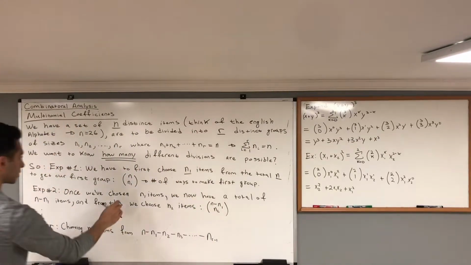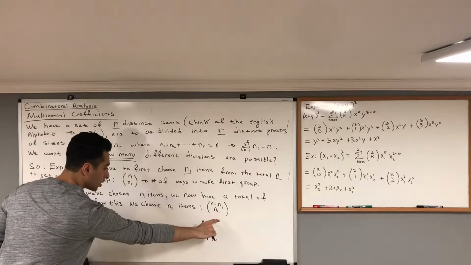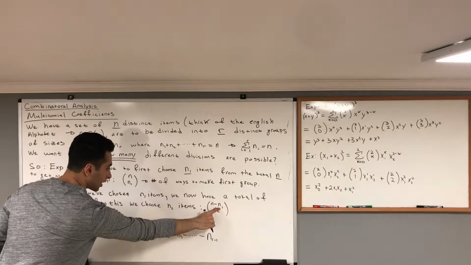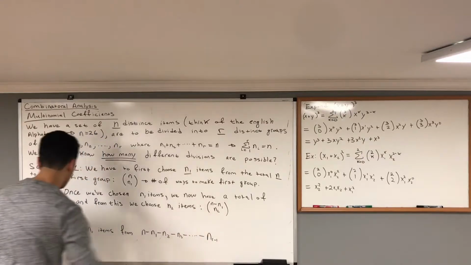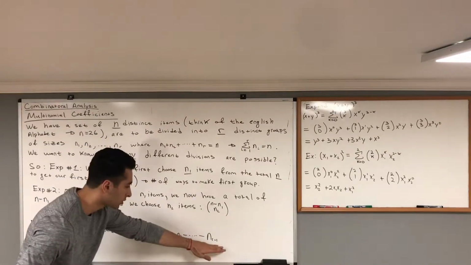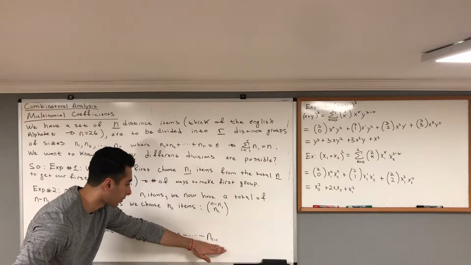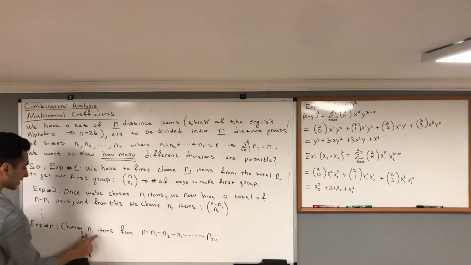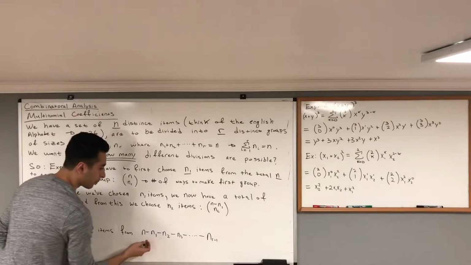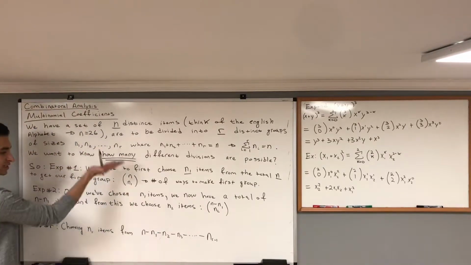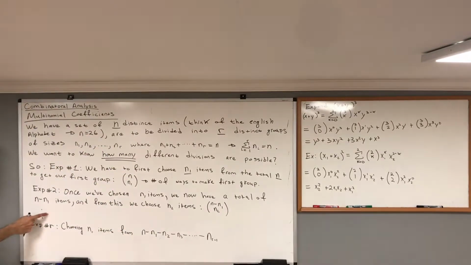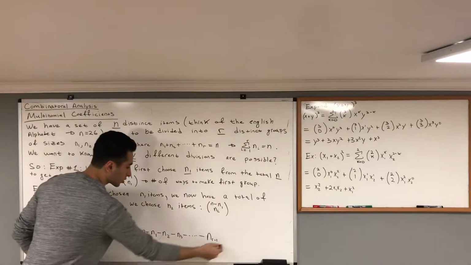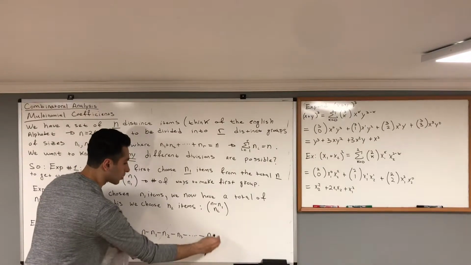Because if you notice, here we subtracted n1 and we chose n2. Here we're choosing nr and we go all the way to n(r minus 1). Right, because this is the last number of items, but you've already picked all these in the previous experiments. So you have to subtract all of this, and this is now your total number of items.